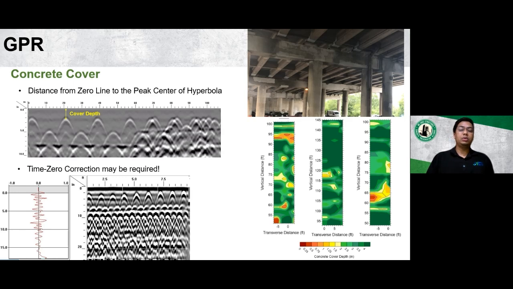And in addition to the cover depth information, these heat maps indicate the areas where low cover is present, which are susceptible to moisture ingress or, let's say, chloride attack. That could potentially lead to corrosion of the steel reinforcement in the structure, which effectively contributes to the reduced load-bearing capacity of the structure. So there is multiple information that can be derived from a simple heat map of the cover depths.